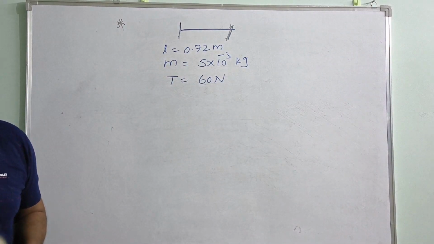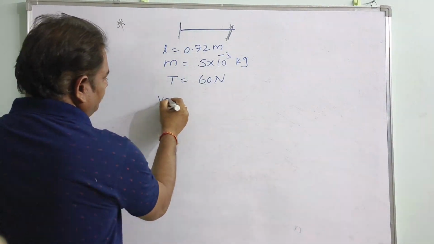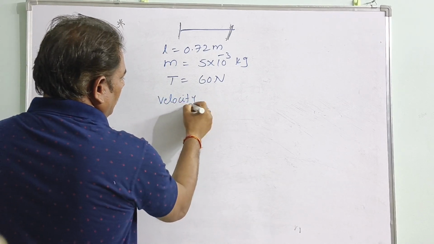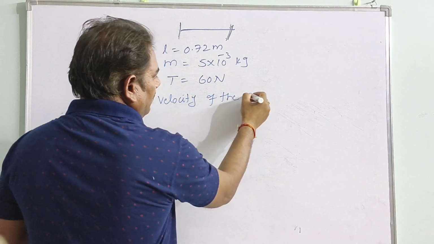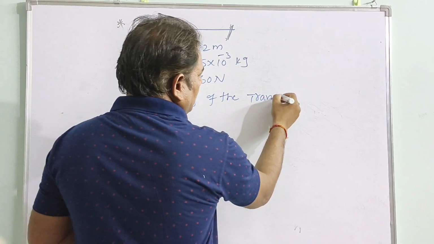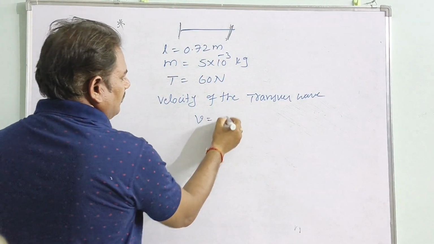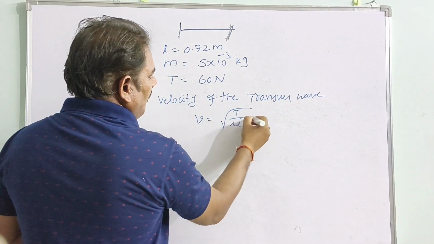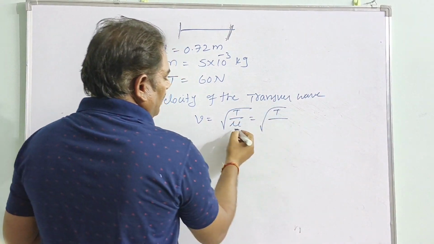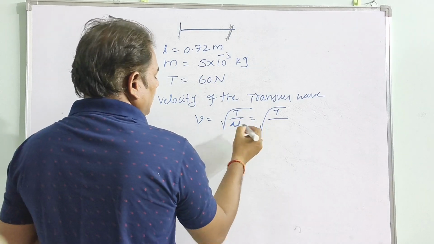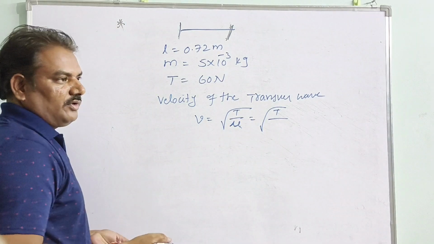Find the velocity of the transverse wave. So velocity v is equal to under root T by mu, here mu is called mass per unit length.